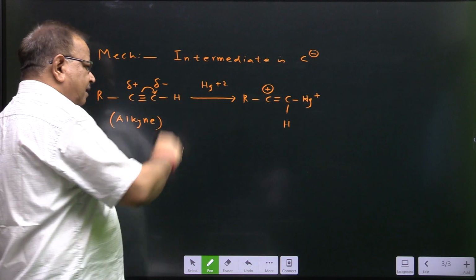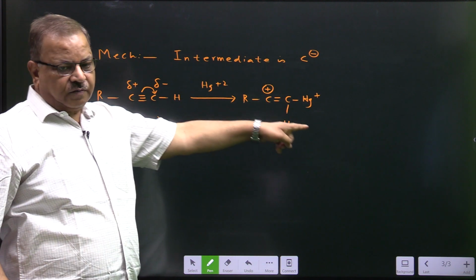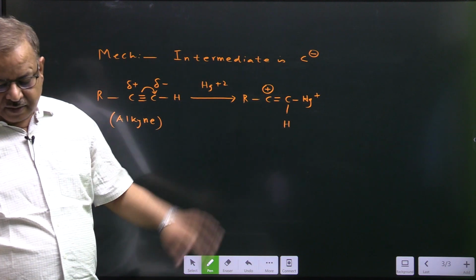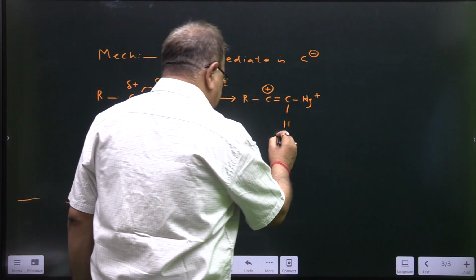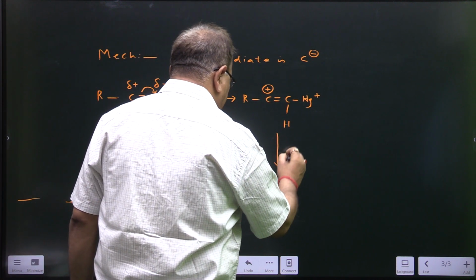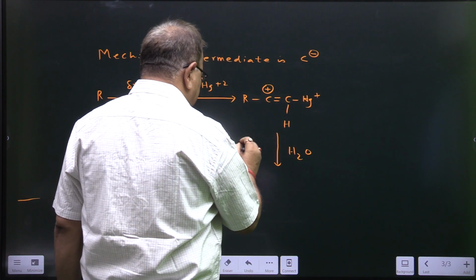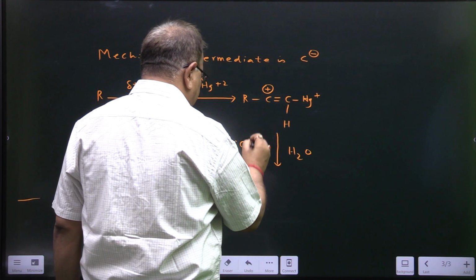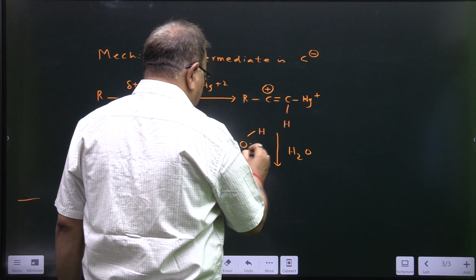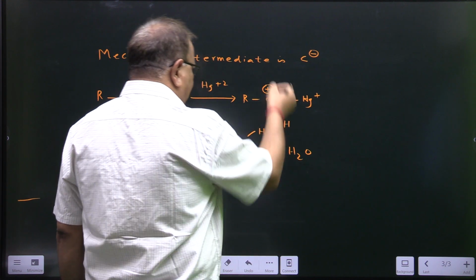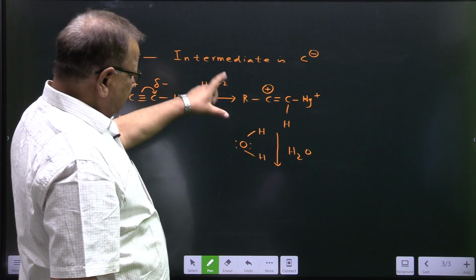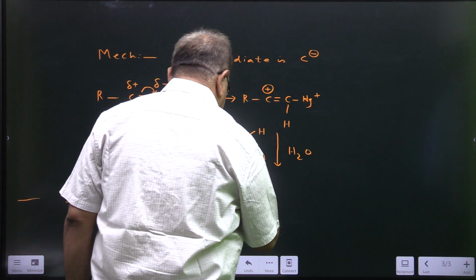Hg+2 will attack here. It was divalent, and it becomes monovalent. After the attack, in the second step, hydration takes place with H2O. The lone pair of electrons on this oxygen will attack on this carbon like this.